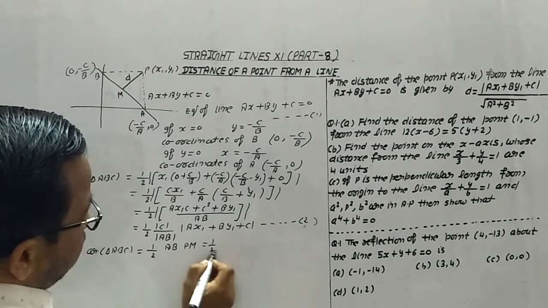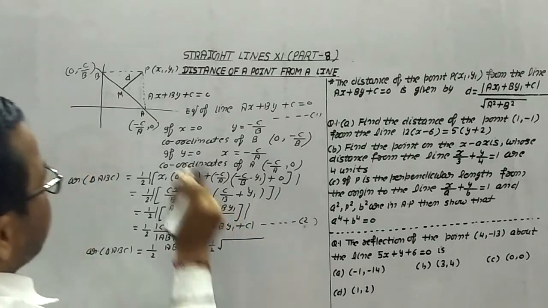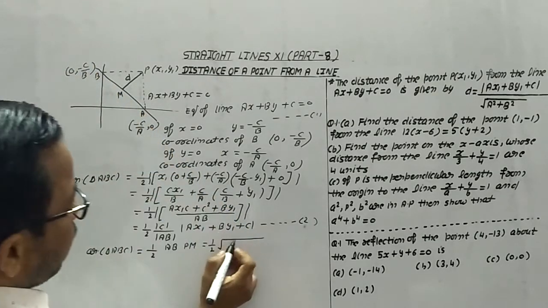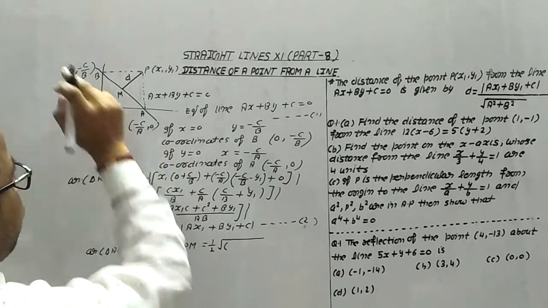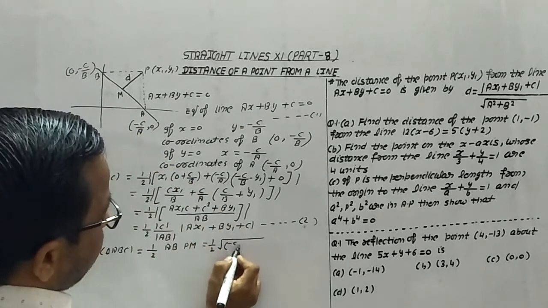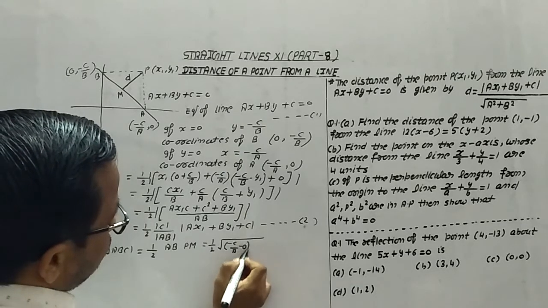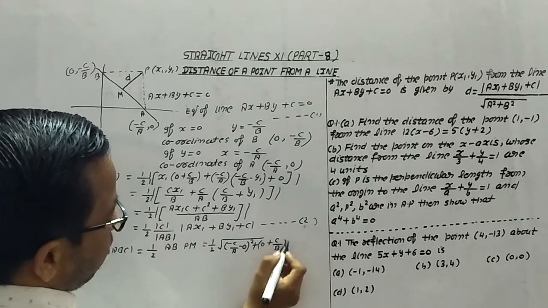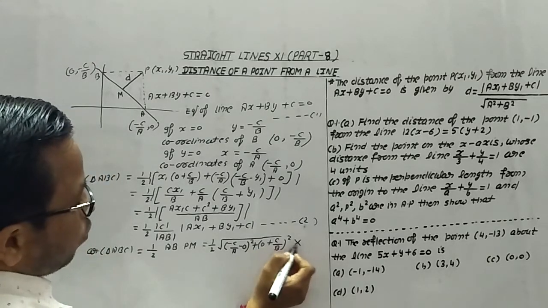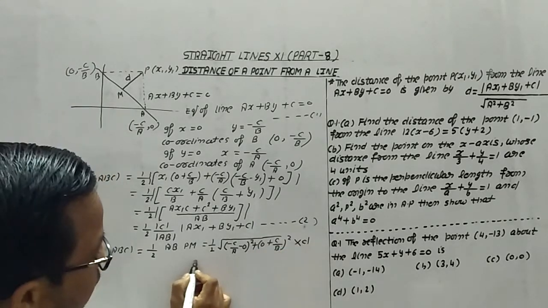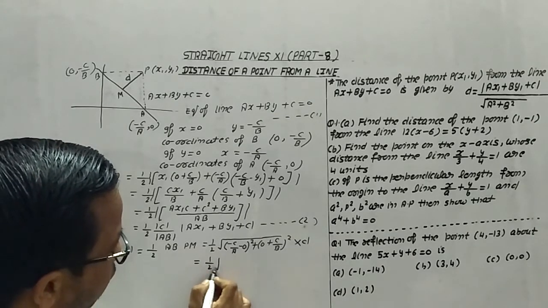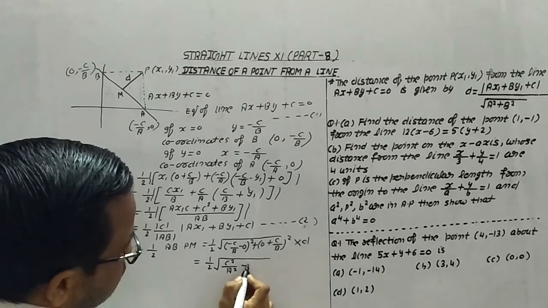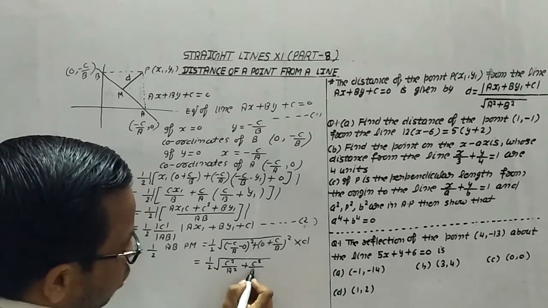So half base, it means under root (x2 minus x1) whole square plus (y2 minus y1) whole square, it means minus c upon a minus 0 whole square plus 0 plus c upon b whole square. This is the part of base, into height, but we are considering this height is d. It means half under root, but this becomes c square upon a square plus c square upon b square.